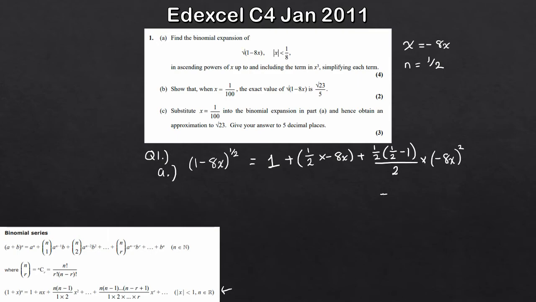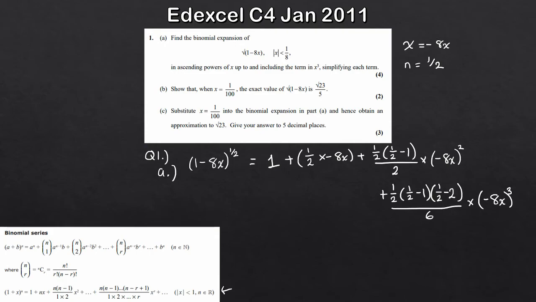So if I just do it underneath because I'm running out of room, so it's going to be a half times a half minus 1 times a half minus 2. We divide that by 3 times 2 times 1, so that's 6. And then we times it by minus 8x all cubed. Okay, so we're just using the formula there.